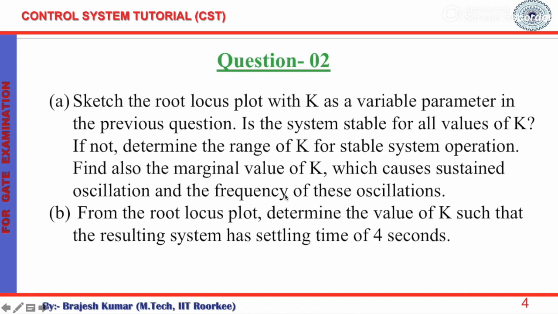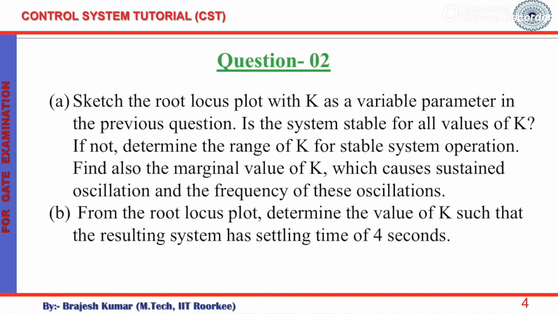Coming to the next question. The second question says: sketch the root locus plot with k as the variable parameter for the previous question, question number 1. Is the system stable for all values of k? It is asking whether the system is stable for all values of k or only for some particular values of k.